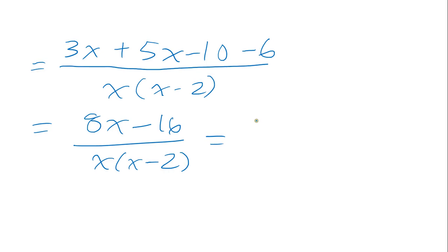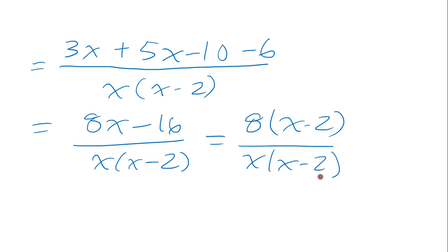A full 8 can factor out of this, so we have 8 times x minus 2 over x times x minus 2, and what do you know, we just end up with 8 over x.